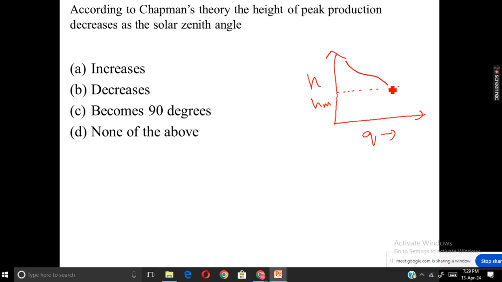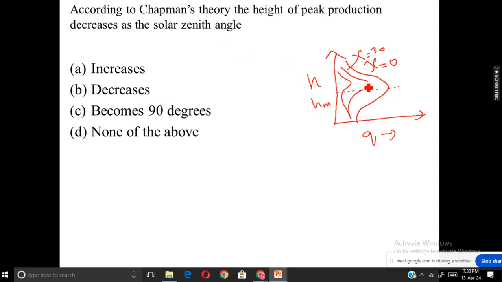This curve corresponds to solar zenith angle 0, and as the solar zenith angle increases, let it be chi is equal to 40, the height at which peak production is occurring also increases.